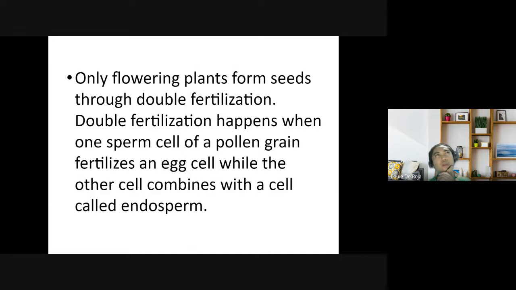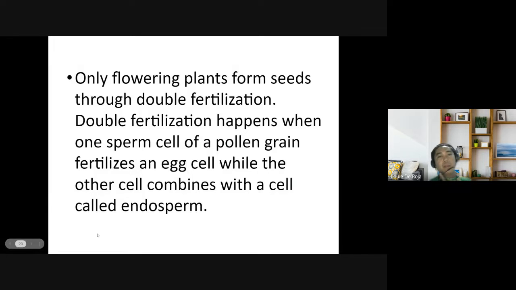So, hindi siya katulad ng ibang mga organism. So, yung plant, doon lang sa dalawang fertilization na yun, sa double fertilization na yun, makaka-form po ng madaming seeds. Okay? Hindi siya katulad ng sa mammals or sa animals.